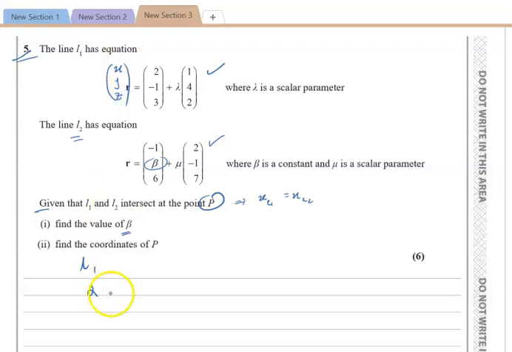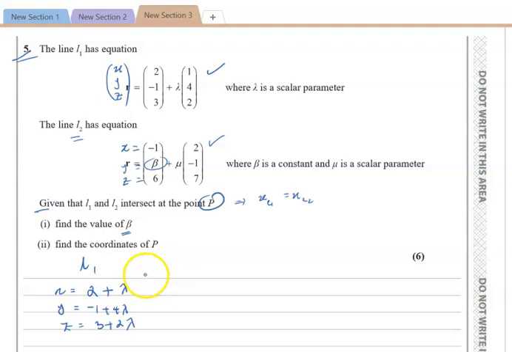Now, it means that x in L1, line 1, is 2 plus lambda, and the y is minus 1 plus 4 lambda, and the z is 3 plus 2 lambda. It is something for this one here. The x is that, the y is that, and then the z is that.